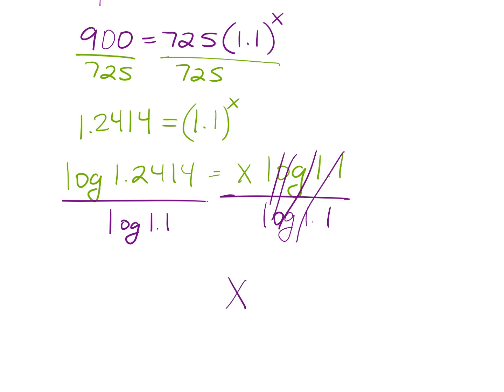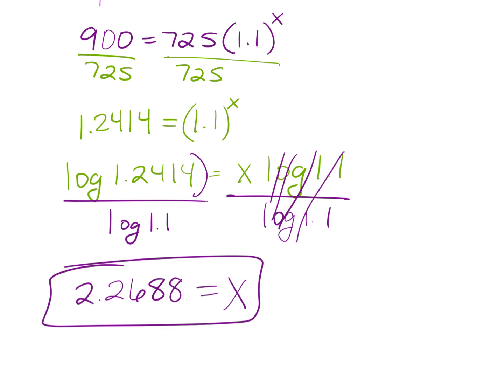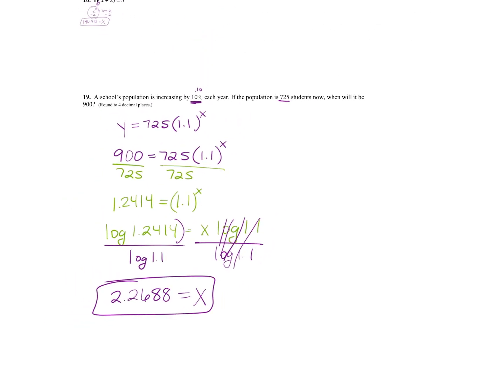So x comes out to, don't forget your parentheses, log 1.2414 divided by log 1.1. Can't read my writing. 2.2688. So after 2.2688 years, it would be at 900. You made it!